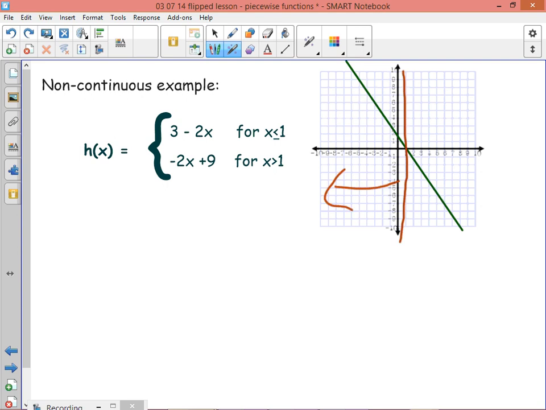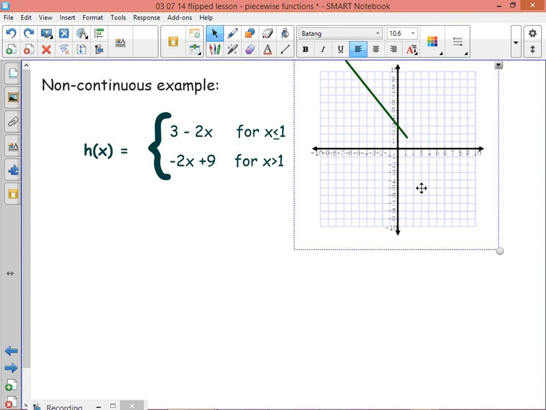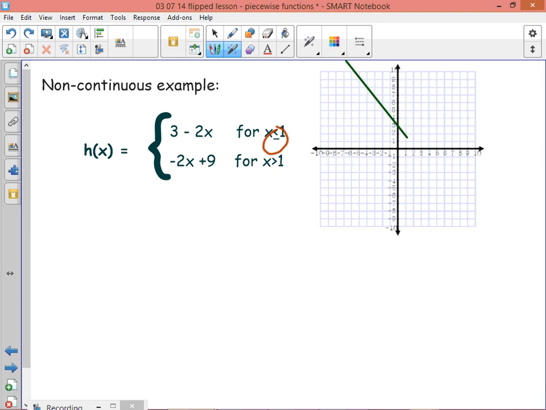So I need to truncate, which means make shorter, this line here so that it only works from 1 and below for my x value. And because this equal sign is here, I know I'm going to end this with a filled in circle. And mine's not real pretty. It's hard to be precise on my computer, but on yours you can make it pretty.